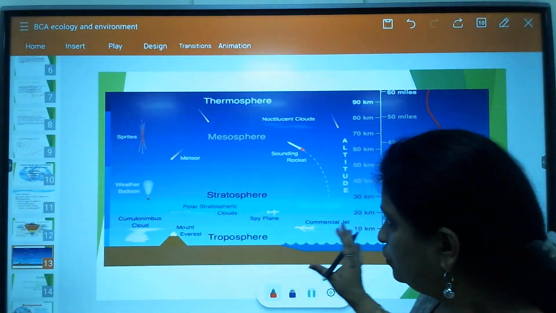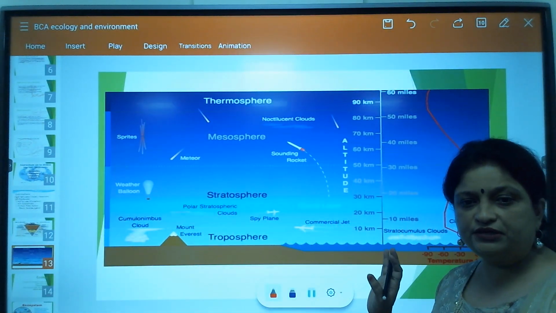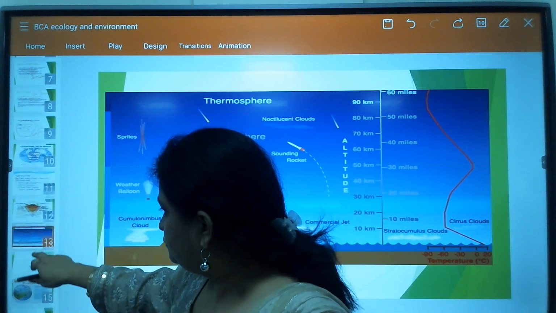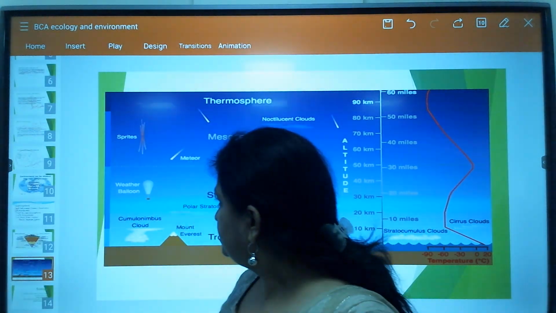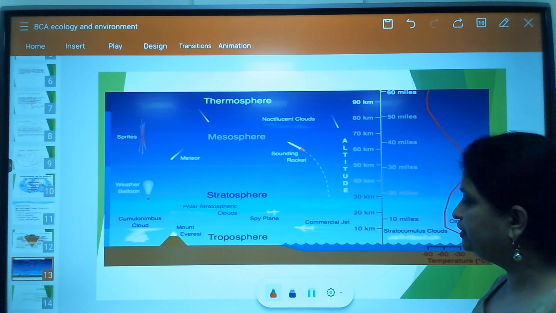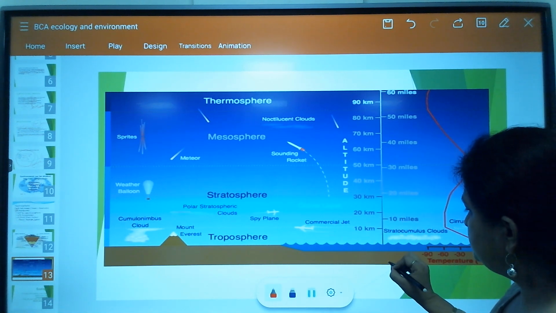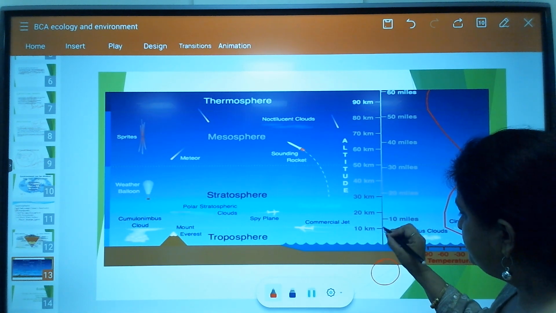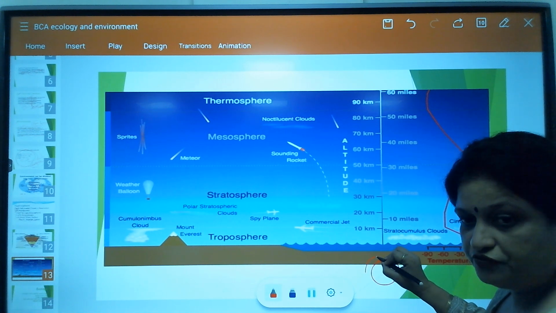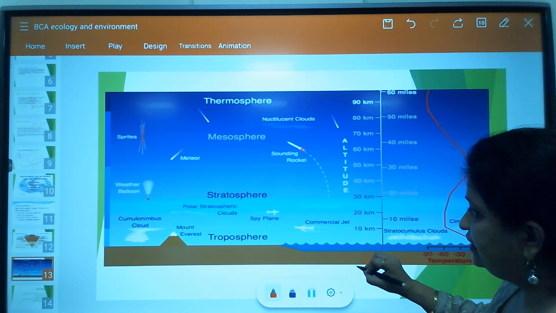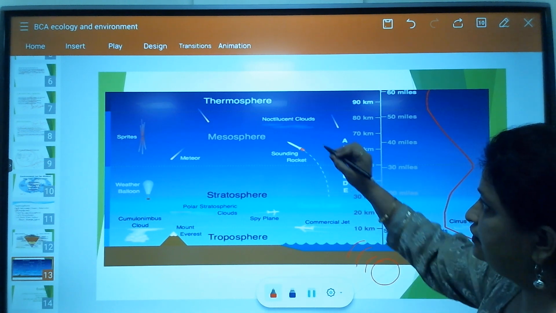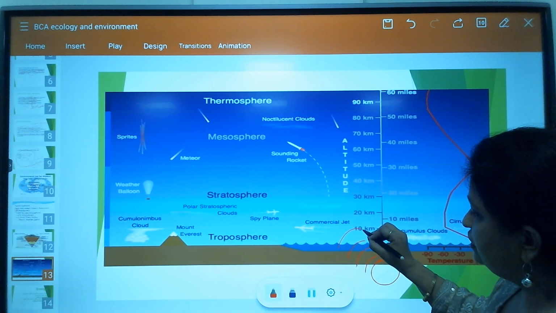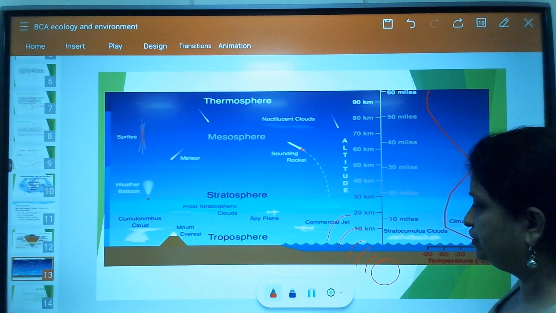Another important portion of the environment is the atmosphere. With one more diagram we can easily understand the atmospheric layers. Suppose this is our earth, and the layers are like this: the first is the troposphere, the second layer is the stratosphere, the third layer is the mesosphere, the fourth layer is the thermosphere, and the last layer is the exosphere.